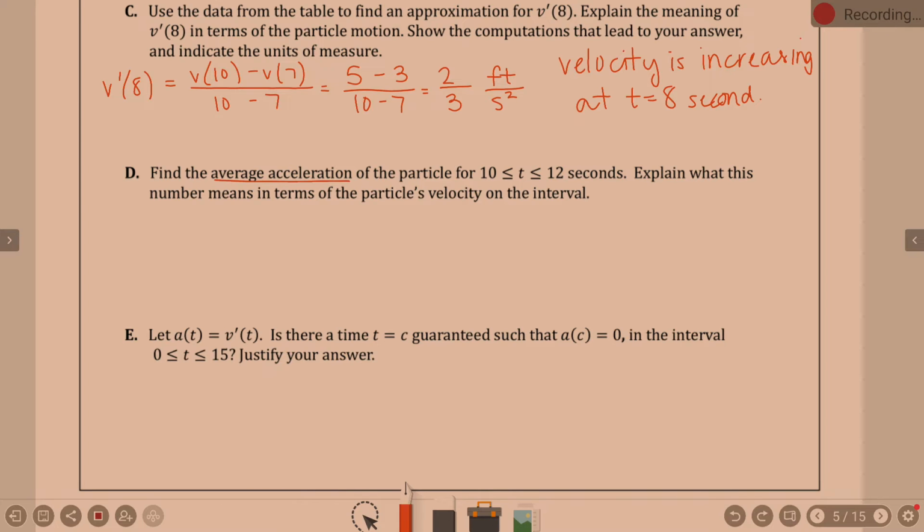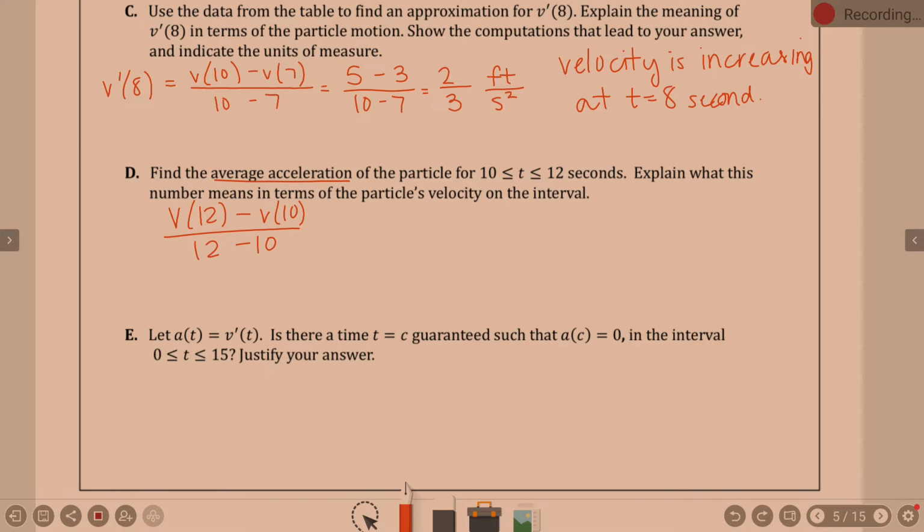So in order to find our average acceleration on the interval 10 to 12, v of 12 minus v of 10 over 12 minus 10. And if you go back, I was going to say, isn't it on here? No, it's not. This is the one that wasn't on there. Okay.